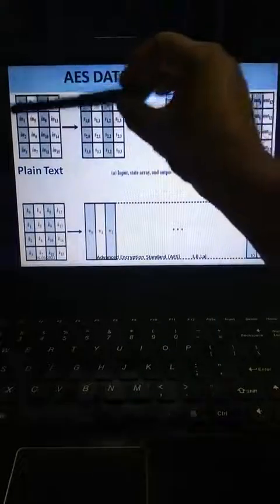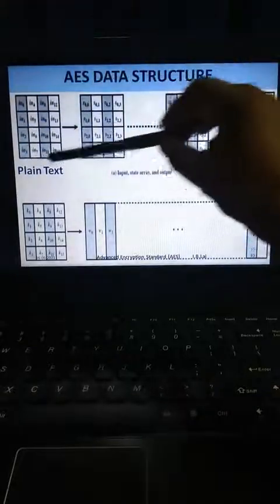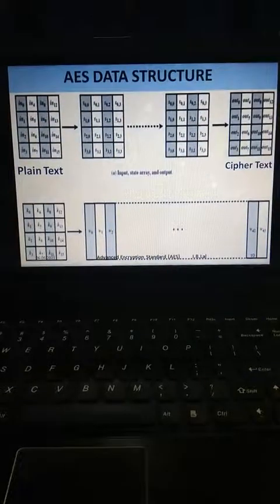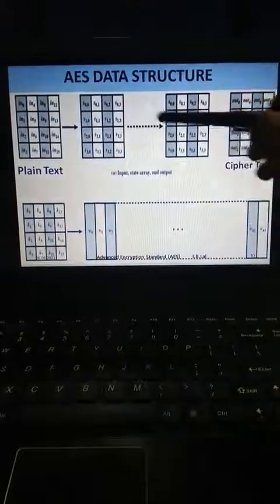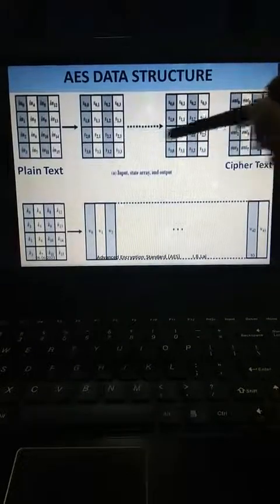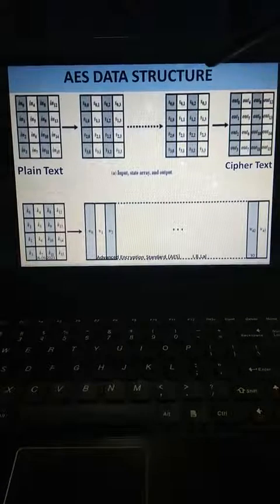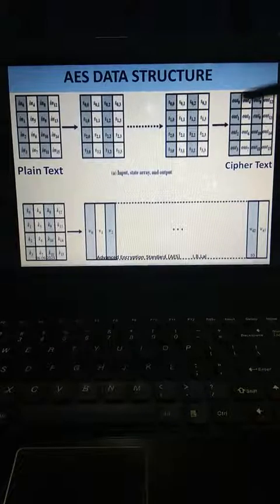So 128 bits are distributed in this 4 into 4 matrix. Now these are state arrays. State arrays are used for storing intermediate results, and this is the final output array that contains the ciphertext. This is produced after the completion of the 10th round.